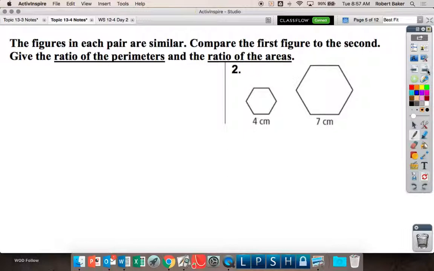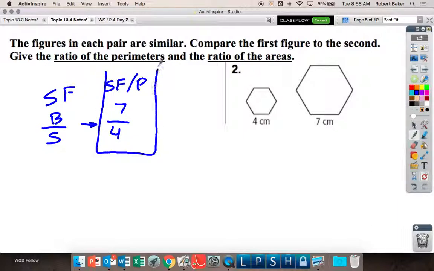Big over small or small over big? Big over small. So our scale factor is going to be big over small, and that would translate to, so that is our scale factor, big over small. What is that also? That's also the ratio of perimeters. So our scale factor, 7 over 4, is the same as the ratio of our perimeters, 7 over 4.